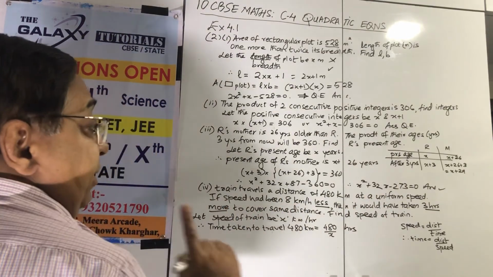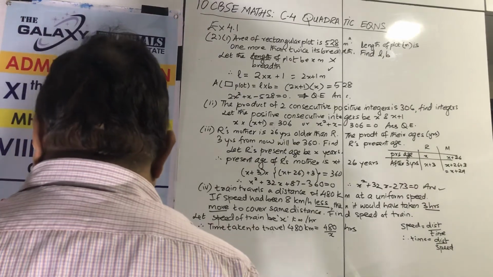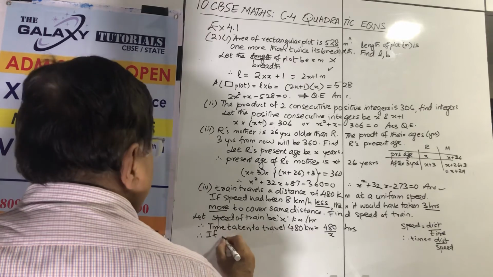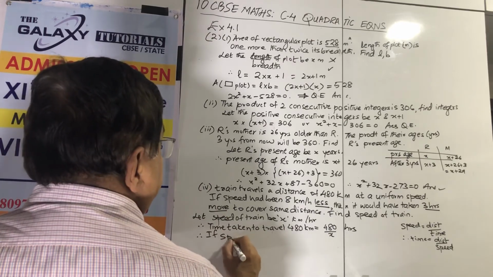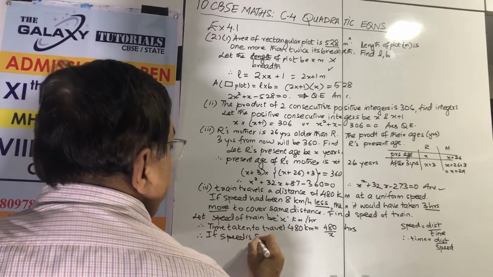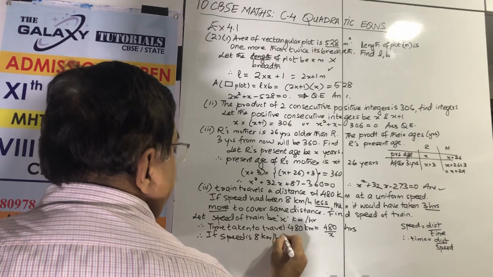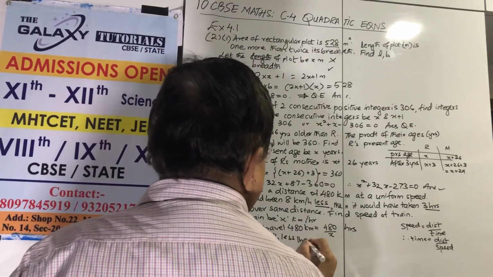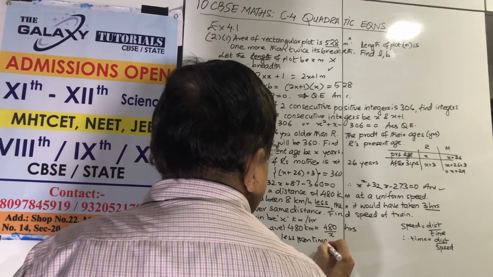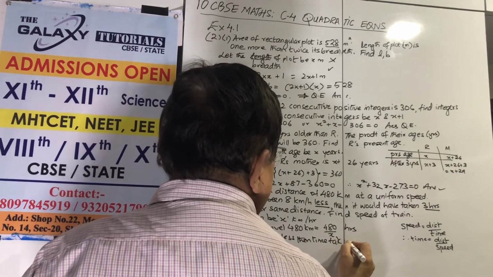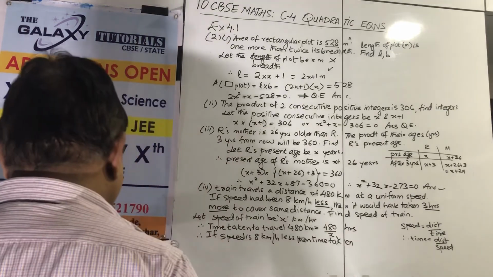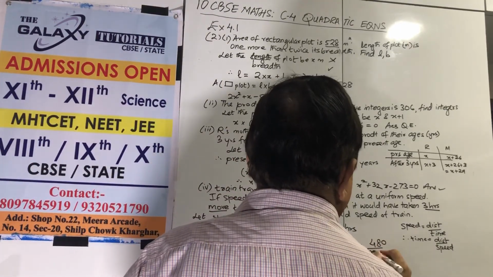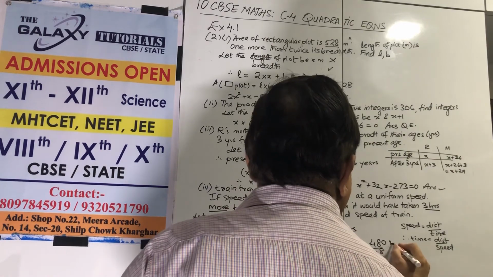Okay, distance remains same. So now, if speed is 8 kilometer per hour less, then time taken for same distance is 480 upon x minus 8 hours.